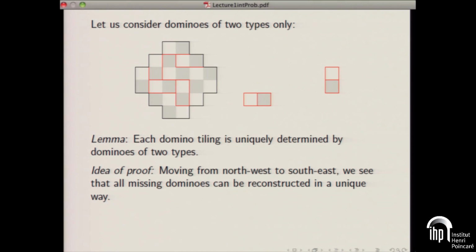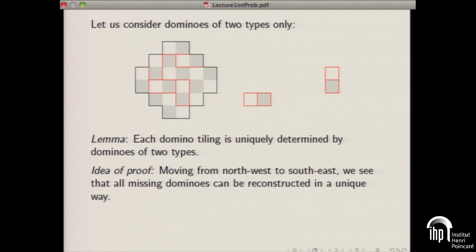Okay, so let us try to understand the combinatorics of this picture. So we have the Aztec diamond, we have some domino tiling, and the first claim that I want to make is that I just want to pick two types of dominoes, forget about the two other types of dominoes, so remove them from the Aztec diamond. So I tried to do this on this picture.